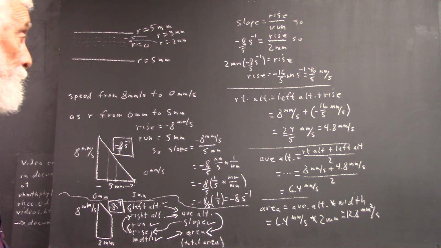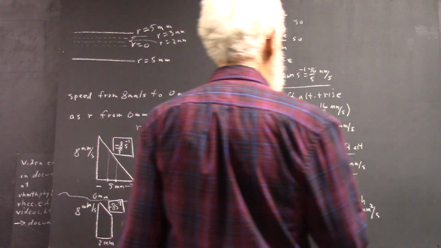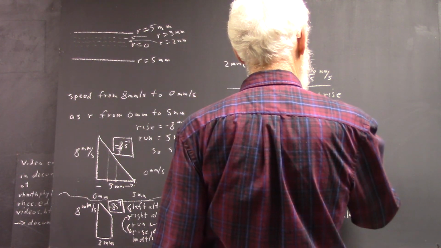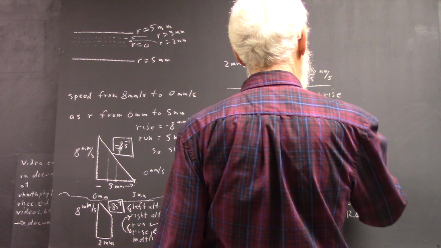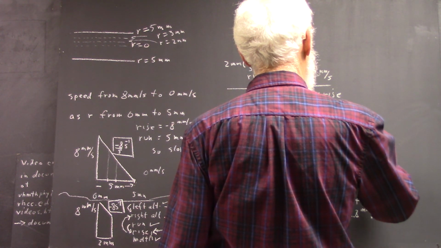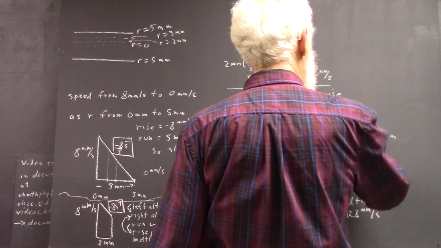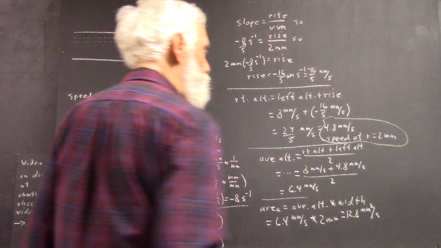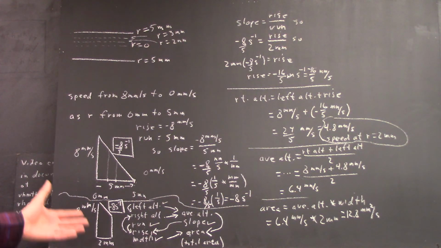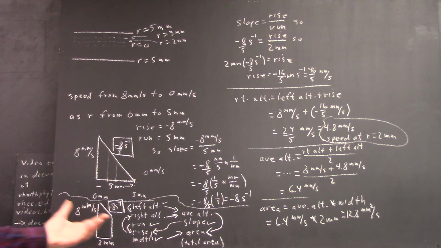Okay? So really what we were looking for is, here's our speed at r equals 2 millimeters, just by understanding what the trapezoid is telling us and what the meanings of the various aspects of the trapezoid are. Okay?